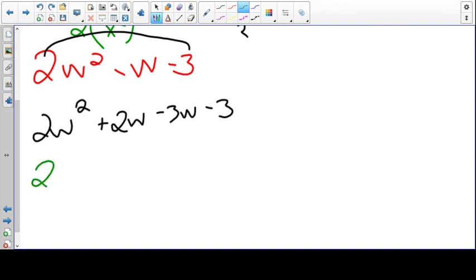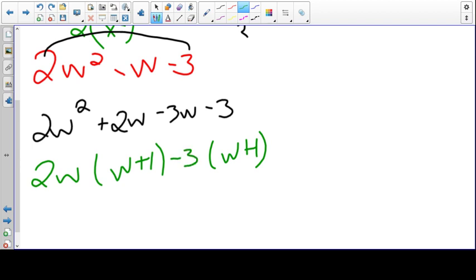Take out a 2w. I'm left with w plus 1. Leave a little space for w plus 1 again. I can take out a negative 3. So my answer is 2w minus 3 times w plus 1.